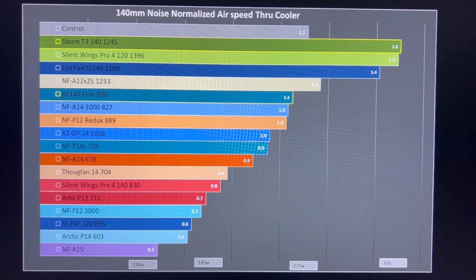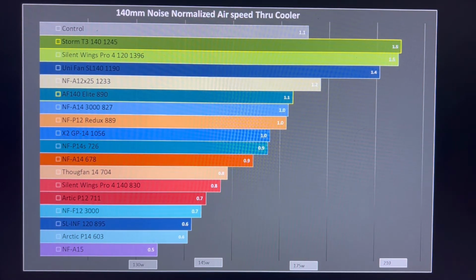But what it does mean is that, let's say you have an Arctic P14 on your cooler. Well, at this noise normalized value, if you were to upgrade to the SilentWings 4 Pro or the Antec T3, you would see an instant improvement in performance, whether it be CPU temperature or the maximum power draw or something along those lines.